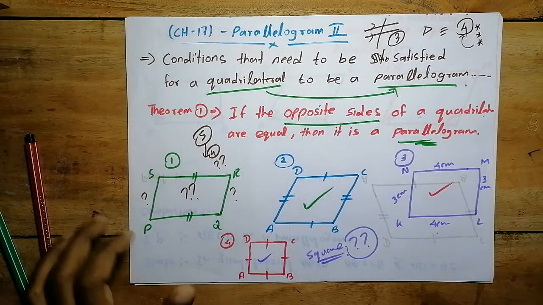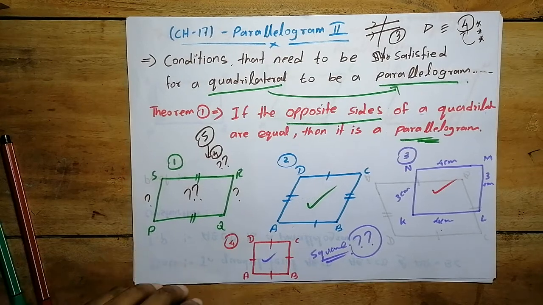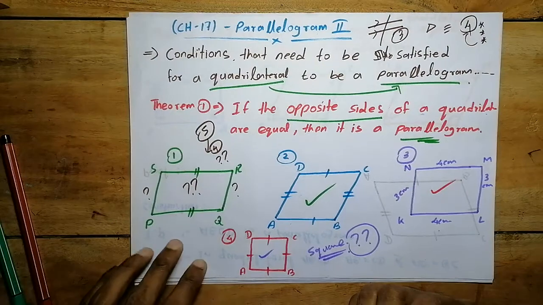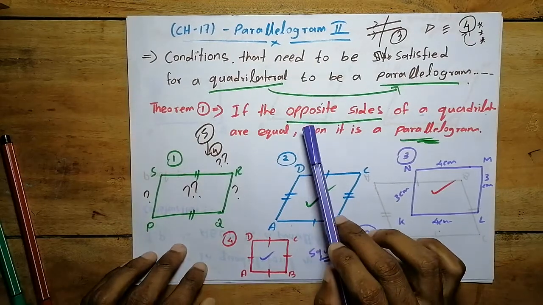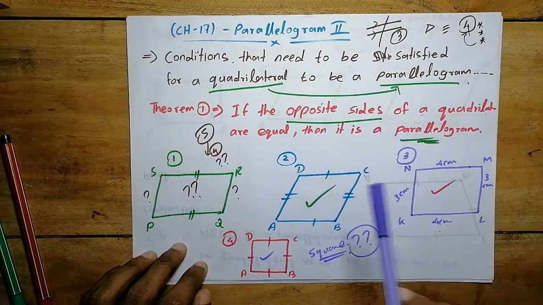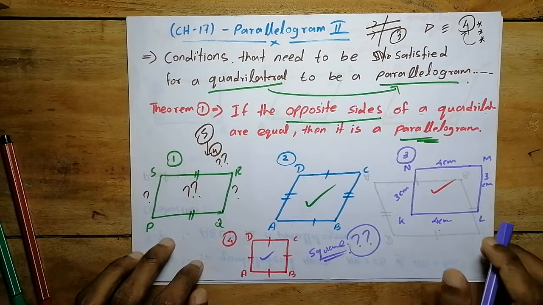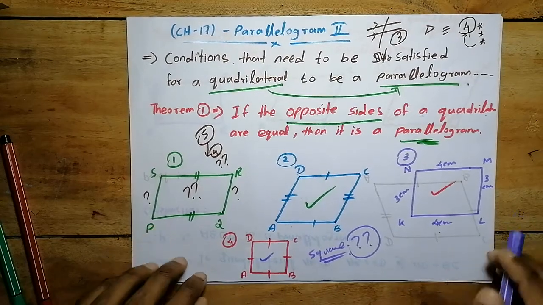Okay, so for the first theorem, this is how we are going to prove. We check the data and prove whether a quadrilateral is a parallelogram or not. A quadrilateral is a parallelogram by satisfying this data. What is the data? Opposite sides are equal. There are two pairs, and both pairs must be equal, not one.